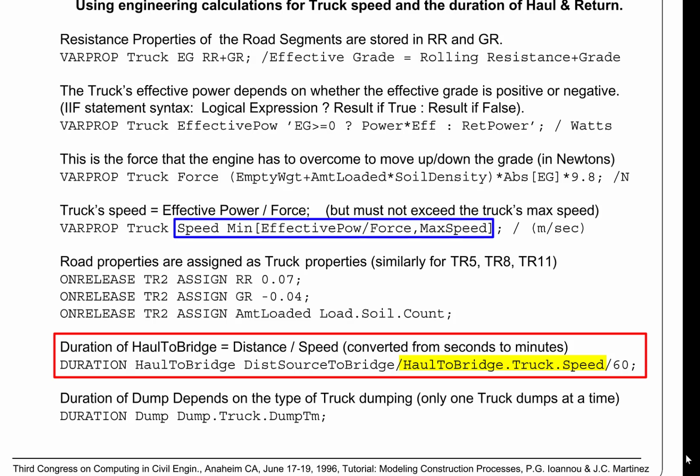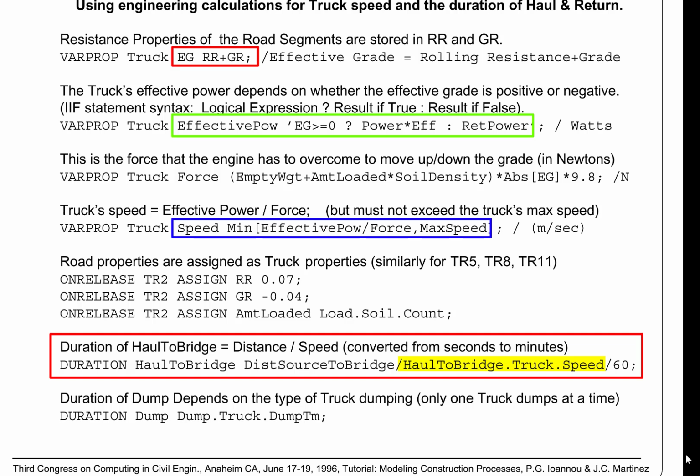The evaluation of this VarProp results in the evaluation of the formula for the VarProp speed. This VarProp references the VarProp effective power and the VarProp force. It also references the property max speed. The VarProp effective power references the VarProp effective grade, which in turn references the SaveProps RR and GR.